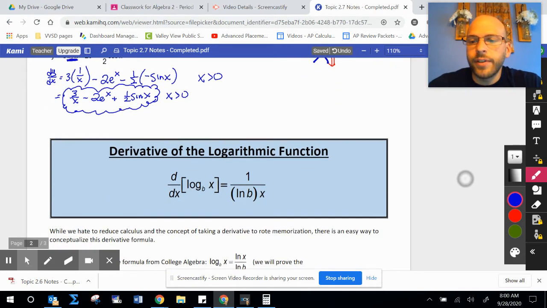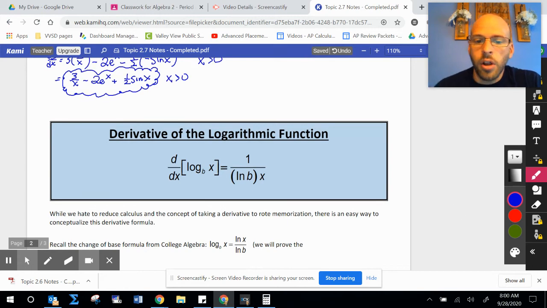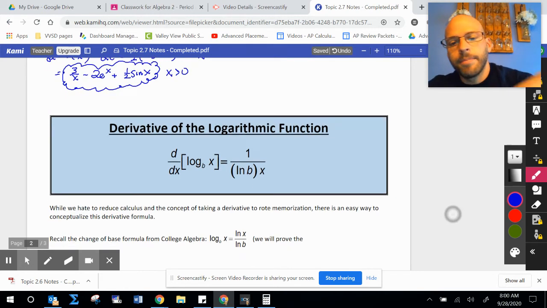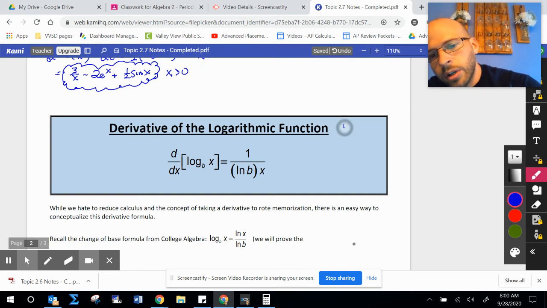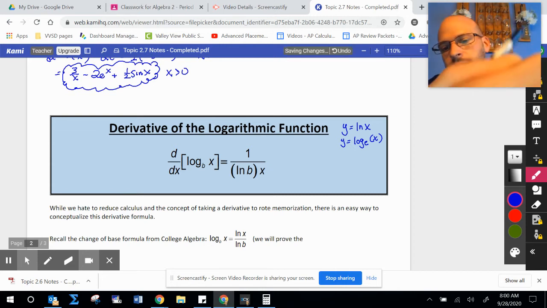So what happens if it's not natural log, right? If it's a log of a different base. So we have this idea. Now, I want to show you just the quick way to do this. If I have y equals natural log of x, that's the same thing as saying log base e of x. So if you were to take the derivative of this, I'm going to use the same formula.